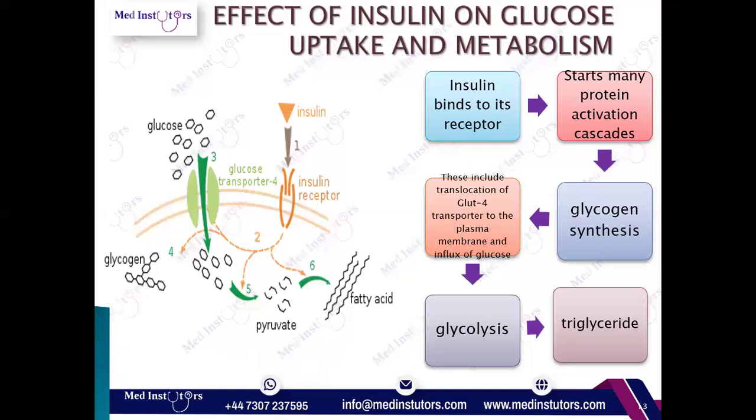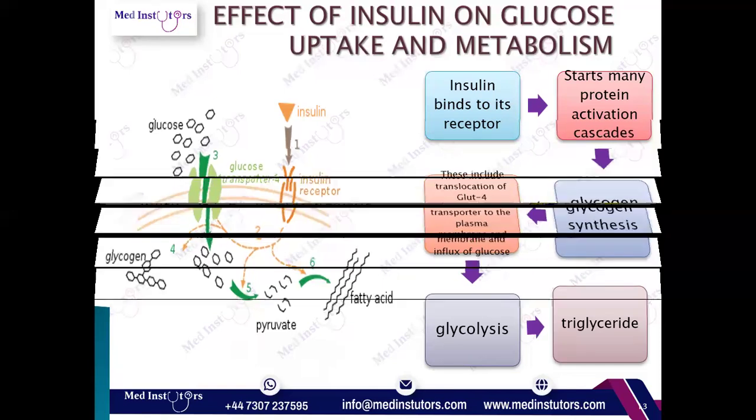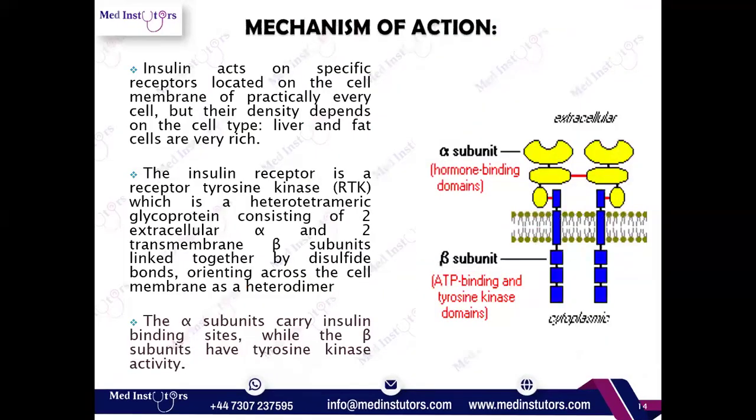So basically, insulin is helping the target organ cells take glucose from the blood and undergo all other mitogenic and metabolic actions. Let us see the insulin receptor in detail.